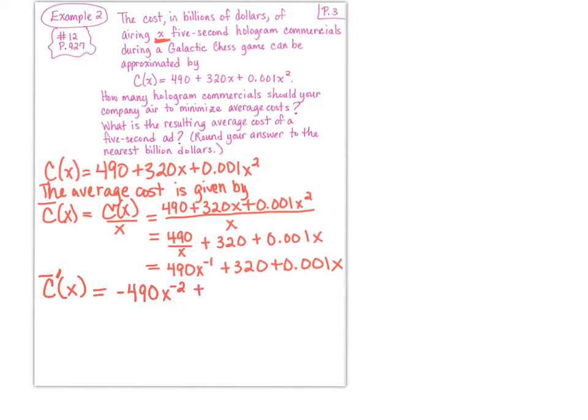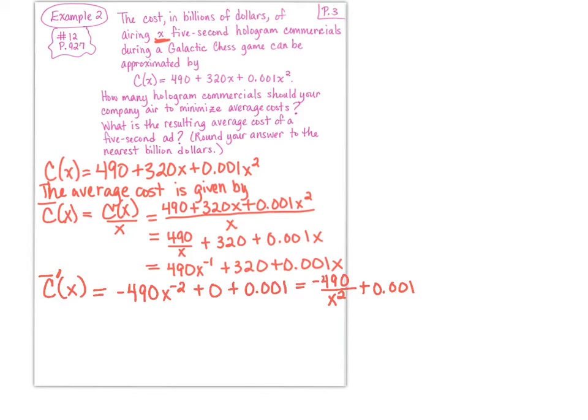The derivative of 320 is 0, plus the derivative of 0.001x is 0.001, because the derivative of x is 1. That means our derivative is equal to negative 490 over x squared plus 0.001. Now, we found our derivative.